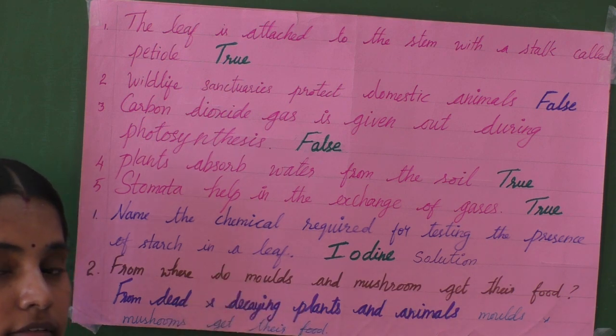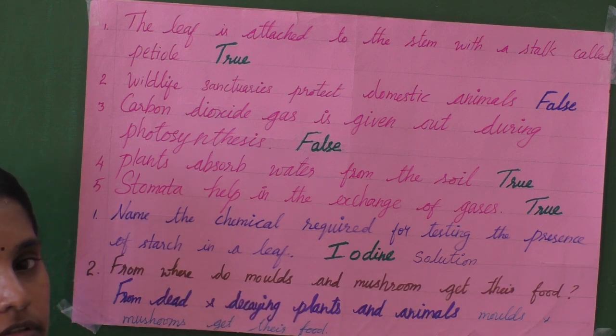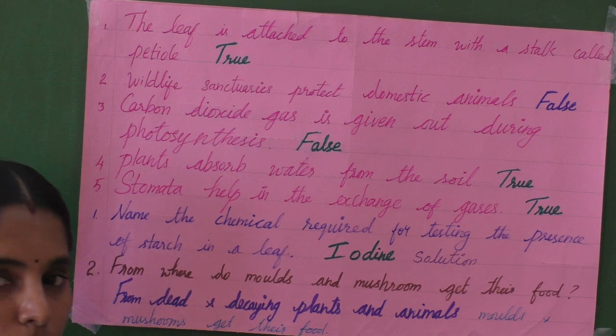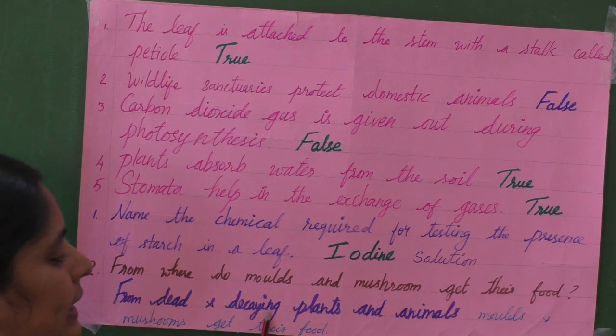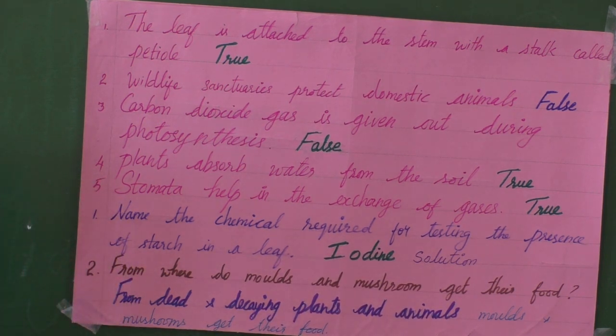As the bread decays, molds start to grow from it, and the mushrooms also. They get their food from dead and decaying plants and animals.